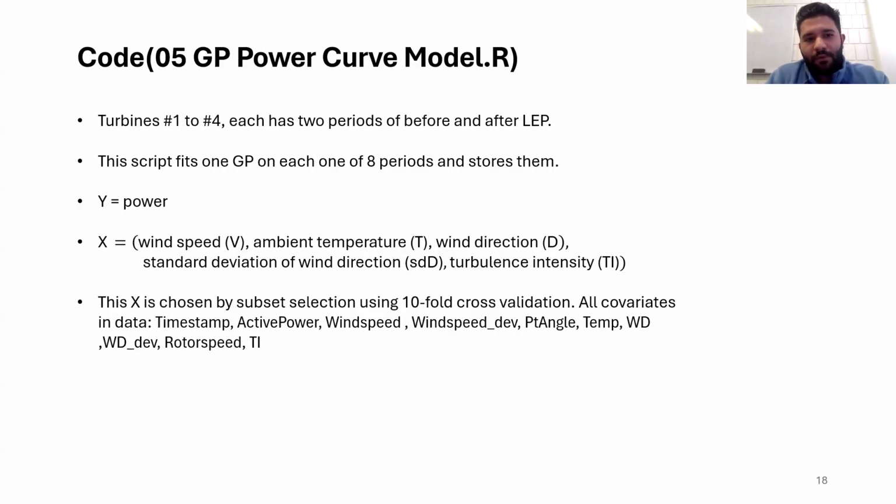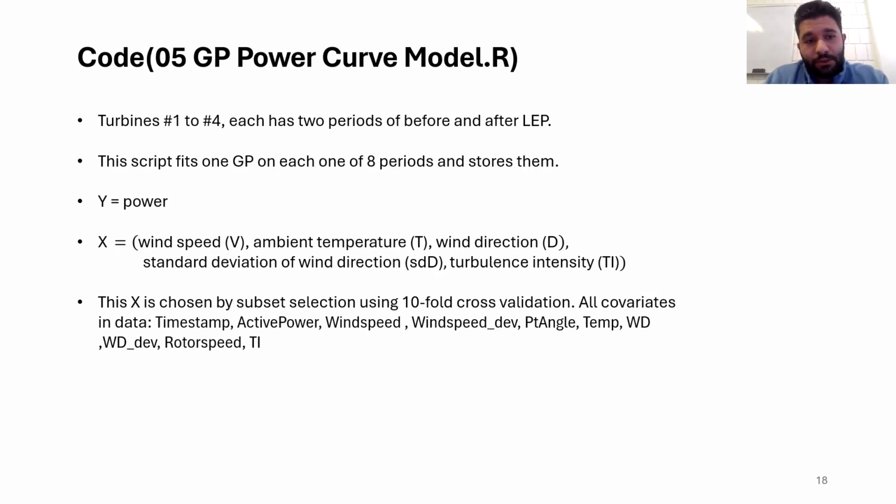As I said, these tables are studying 4 turbines, from 1 to 4, and 2 periods, before and after the second LDP change. So the 8 GPs are needed for 8 functions.